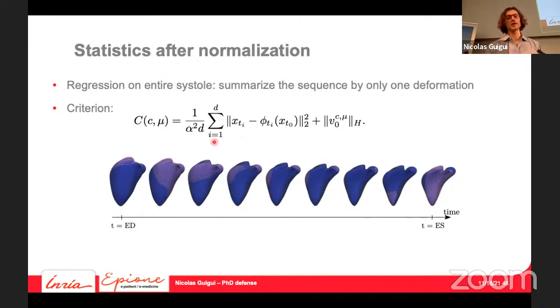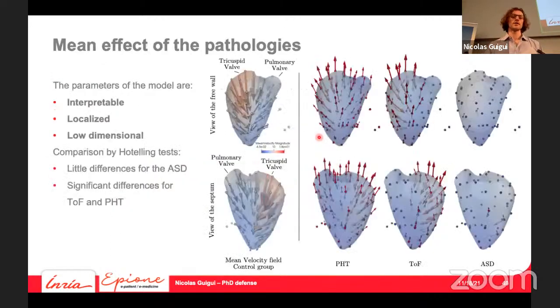This amounts to summing the data attachment terms through time during end diastole and end systole. And then we can perform statistics on these parameters because they are interpretable, localized, and low dimensional. They are parameters of a deformation of the atlas. And we can compare them by performing Hotelling tests.